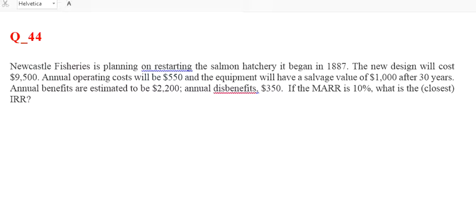Annual benefits are estimated to be $2,200. Annual disbenefit is $350. If the MARR is 10%, what is the closest internal rate of return?